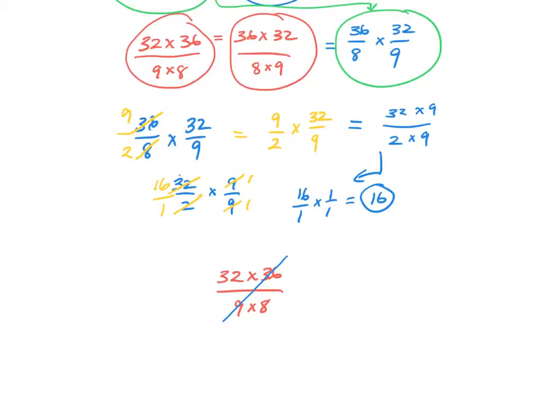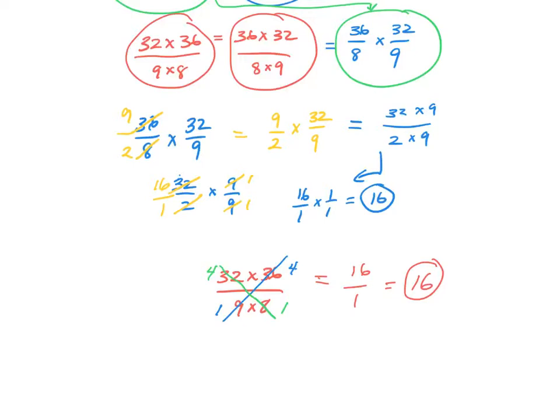So 36 divided by 9 is 4, and 9 divided by 9 is 1. 32 and 8, this direction, both share a common factor of 8. So 32 divided by 8 is 4, and 8 divided by 8 is 1. So now my problem becomes 4 times 4, which equals 16, and 1 times 1 is 1. So my answer again is 16.